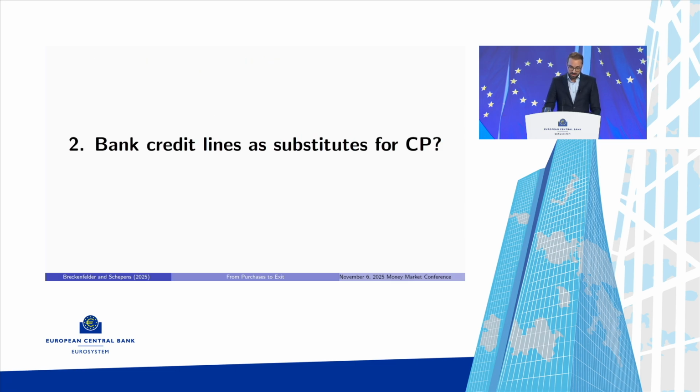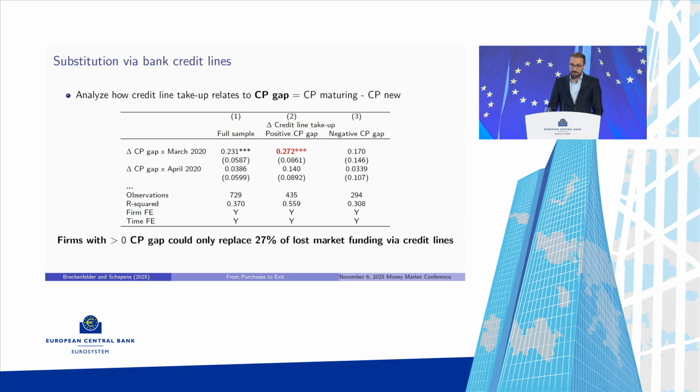All right, so naturally the question is, could firms replace the lost market funding with bank credit? And this is what we look at next. First, we analyze how credit line take-up relates to the commercial paper gap. What is the commercial paper gap?